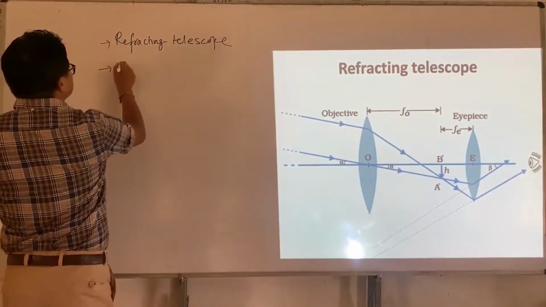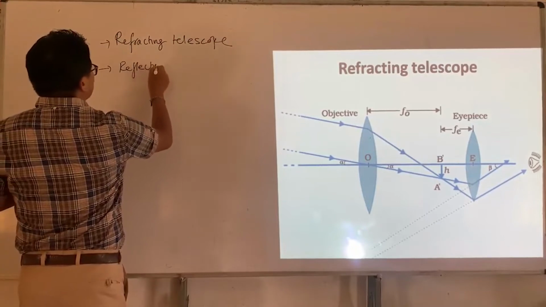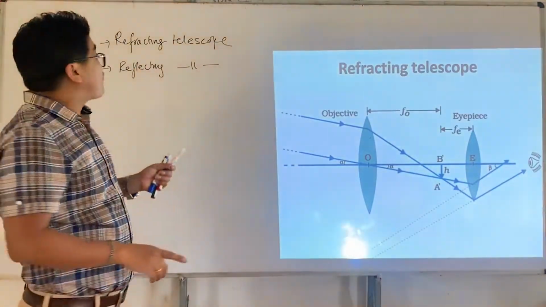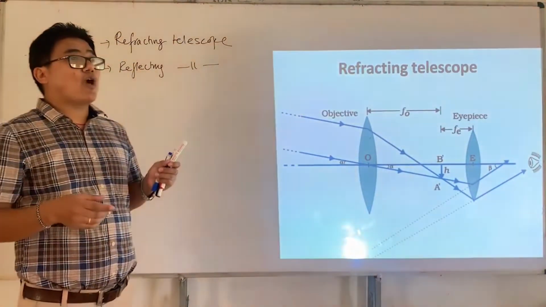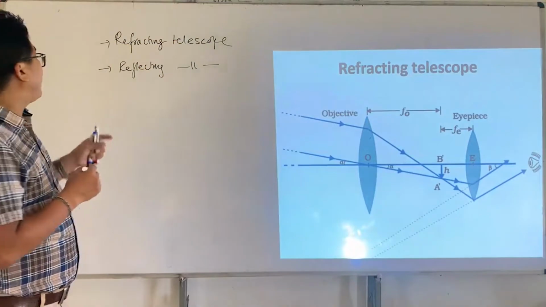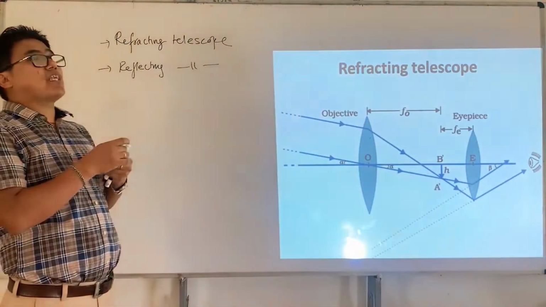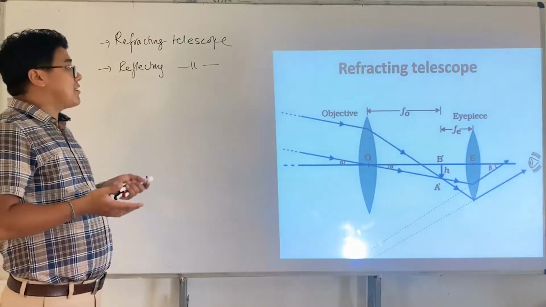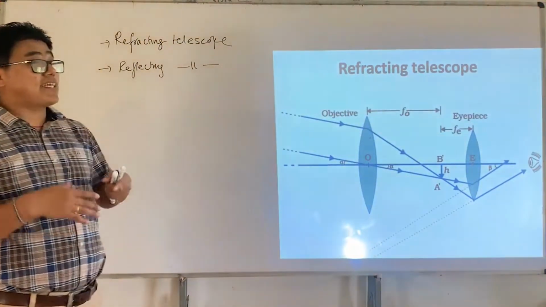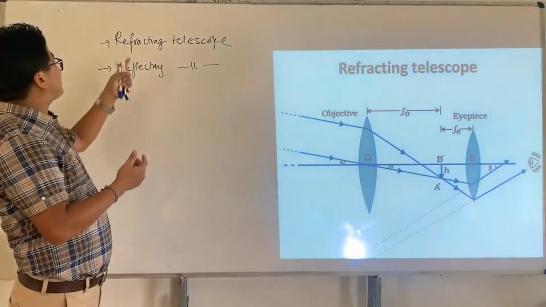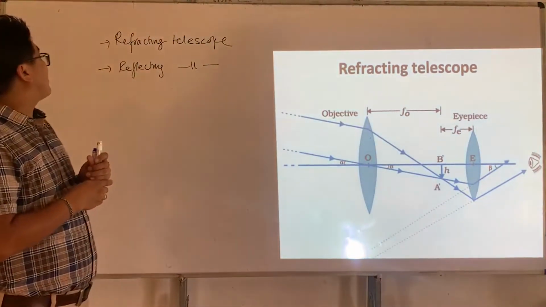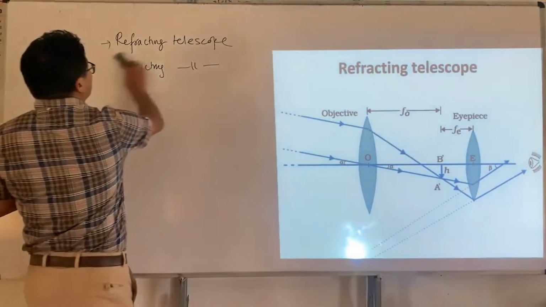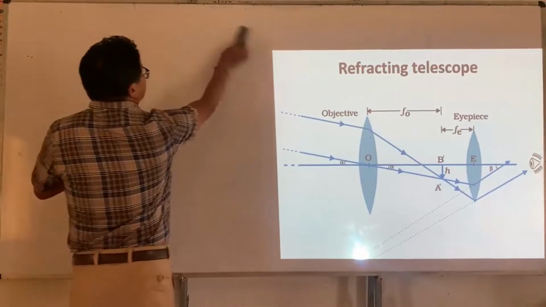A refracting telescope is a telescope where we use lenses, and a reflecting telescope is a telescope where we use a concave mirror. So mirror, right? The reflection is taking place in a reflecting telescope, and the refraction is taking place in a refracting telescope.